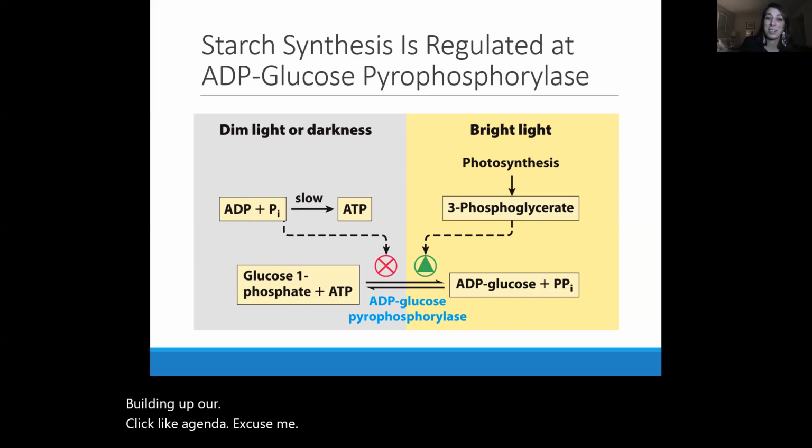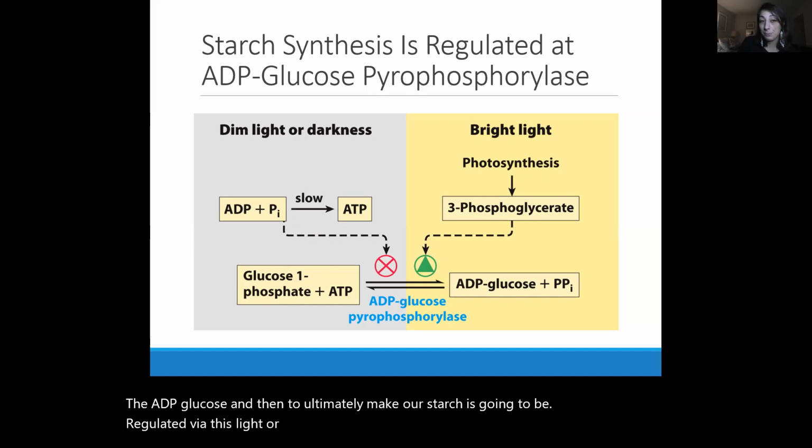I keep saying glycogen. So using ATP to build the ADP glucose and then to ultimately make our starch is going to be regulated via this light or dark.